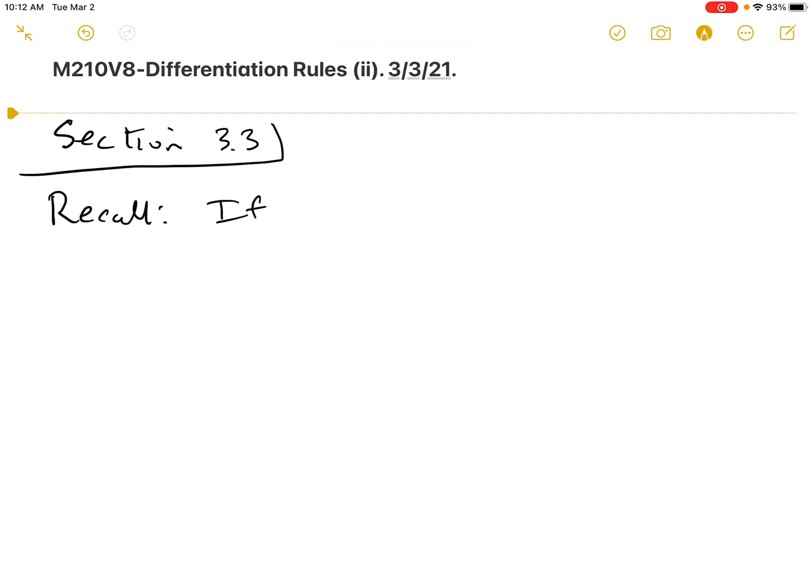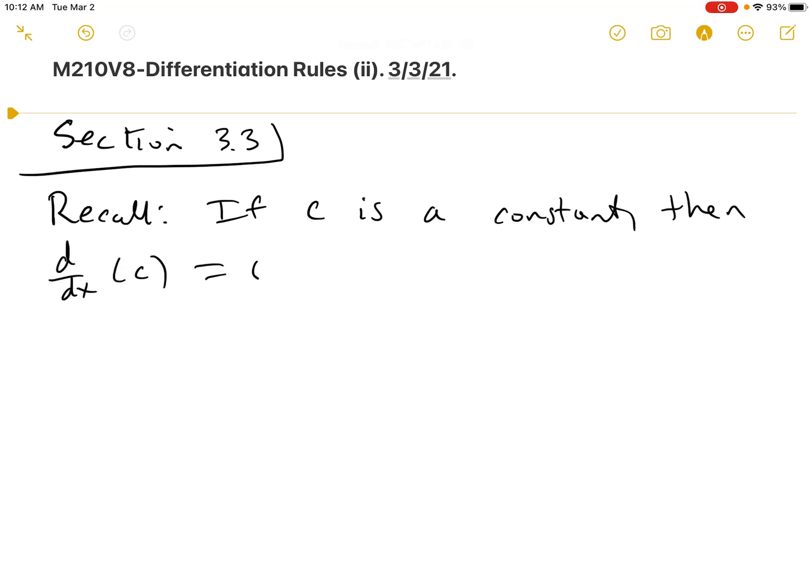If C is a constant, then the derivative with respect to x of C is 0, right?